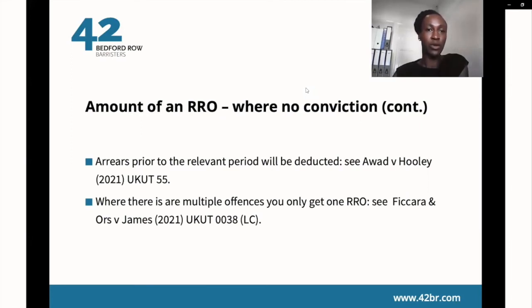The first tier tribunal held that in that particular set of circumstances, as the arrears were accrued prior to the relevant 12-month period, the tribunal was satisfied that it would essentially be standard accounting practice for any landlord or council, housing association to apply the payments that were made during the relevant period first to the arrears that had accrued prior to the date of payment. So they said that's standard accounting.